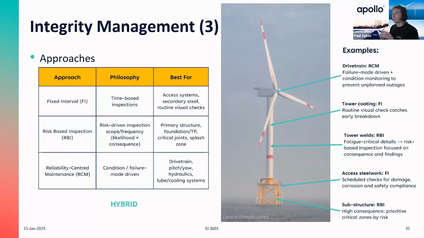This is typically more appropriate for primary structures, foundations, transition pieces, and high consequence components. Then there's reliability-centered maintenance, usually applied to rotating or complex systems where failure modes are understood and condition data is available, for example the components in the drivetrain or your pitch and yaw systems.